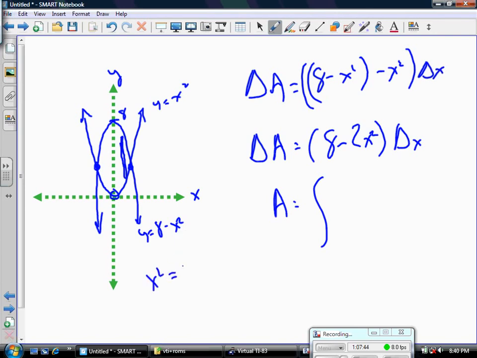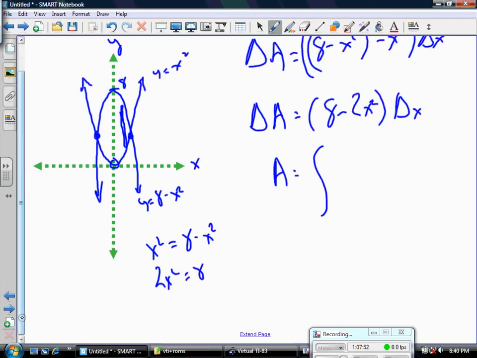Set them equal to each other. How do you solve for x? Add x squared, okay. And divide by 2. And you get x is plus or minus 2, right? So you get here and you get here. X is negative 2 here, x is positive 2 here. So, negative 2 to 2, 8 minus 2x squared dx.